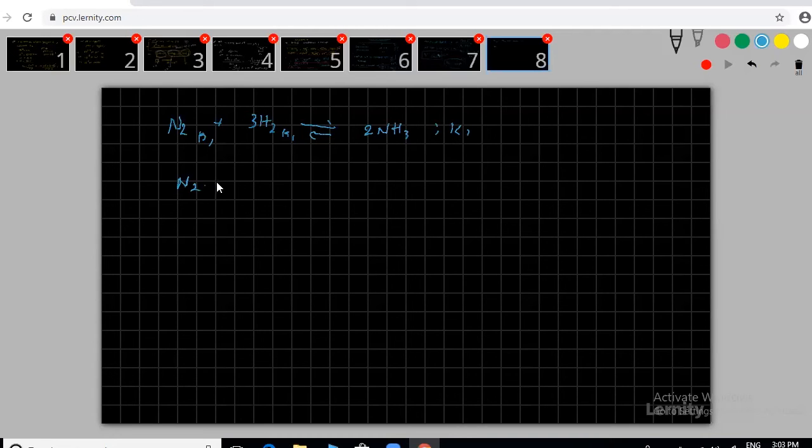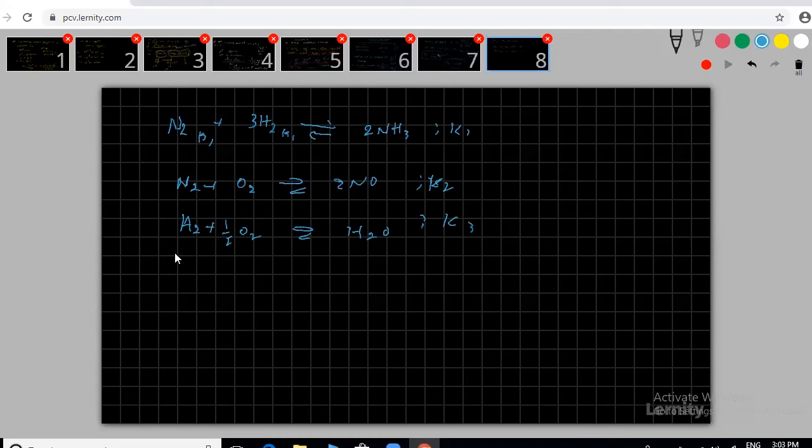N2 plus O2, all are gas state, gives 2NO, this is K2. Then H2 plus half O2 gives H2O, all these are gas state, this is K3.